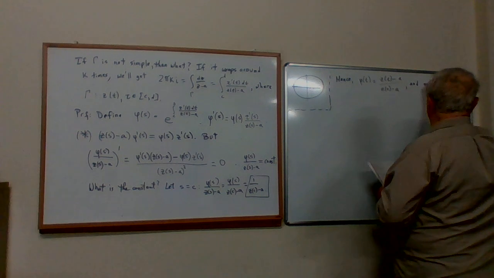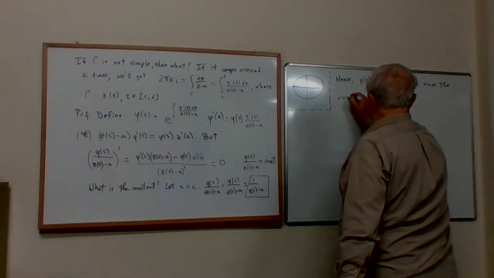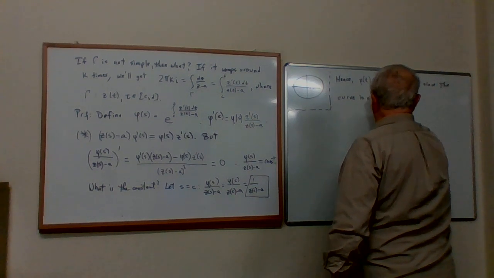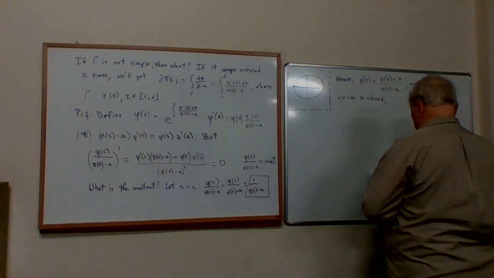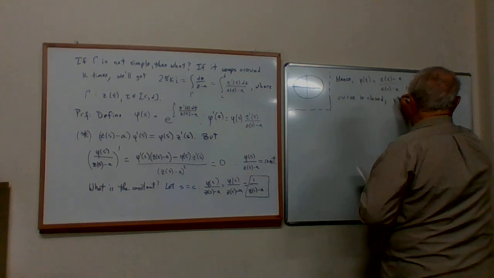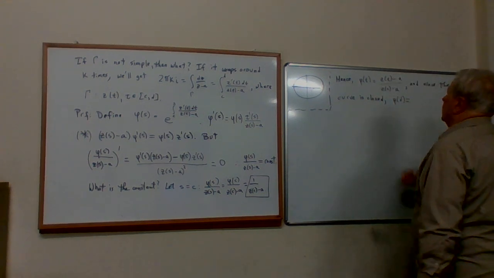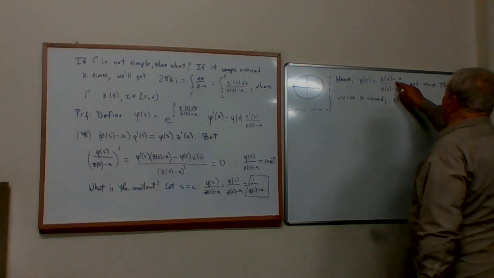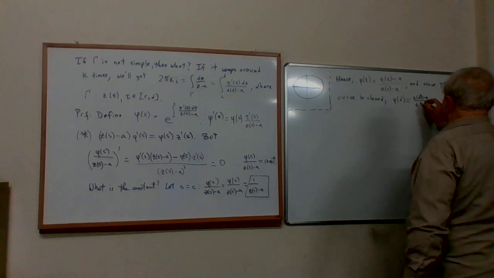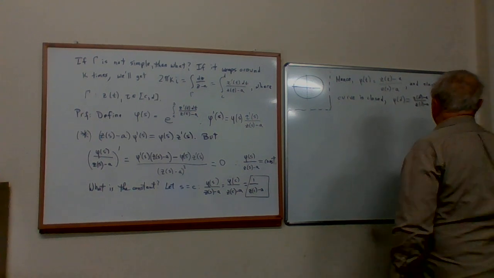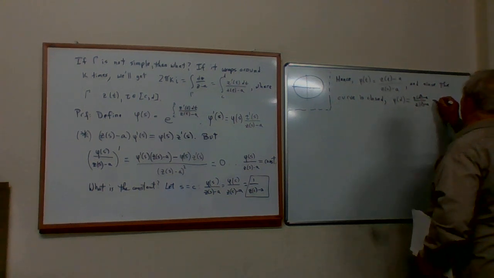And since the curve is closed, what's phi of d? Well, phi of d is equal to z of d minus A over z of C minus A. But because the curve is closed, z of d equals z of C, so this is equal to 1.